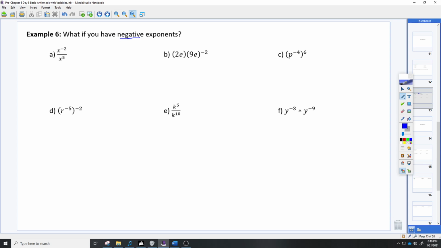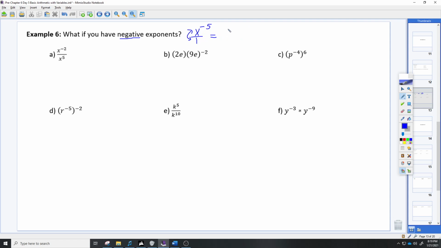So let's talk about simplifying negative exponents. In general, if you have x to the negative, let's just say 5, what you can do with this to make it positive is you put it as a fraction, put it over 1, and then you flip these two things, and once you do that, the exponent turns into a positive.